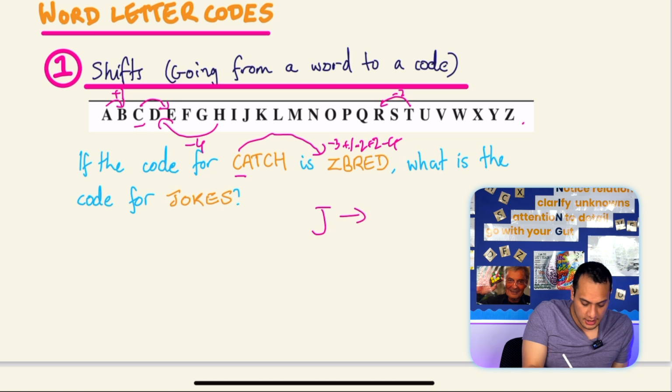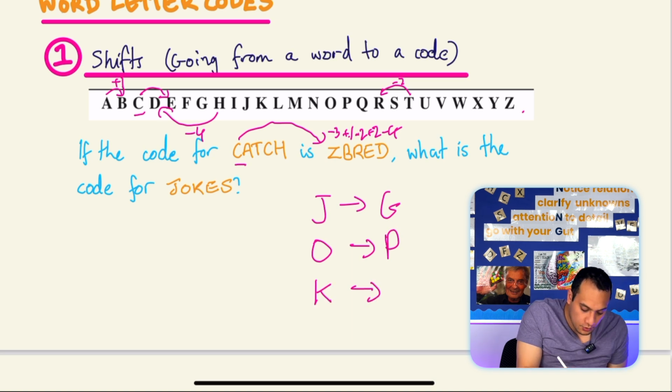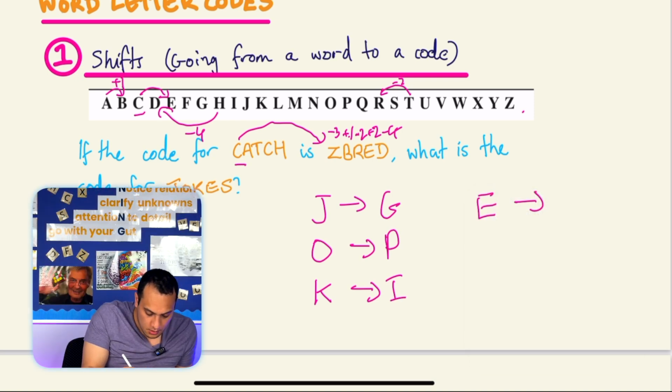So from J, if we move back 3, we get to G. For O, if we go forward 1 from O, then we get to P. If we go from K, that will be back 2. So K back 2 will be I. For E, we're going forward 2.